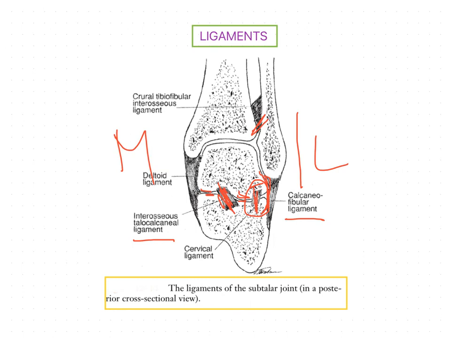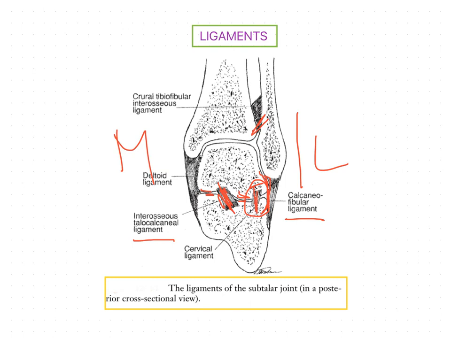So the subtalar joint is very stable because of its bony configuration, and also the ligaments like the calcaneofibular ligament, cervical ligament and interosseous ligament, which give support to this subtalar joint.